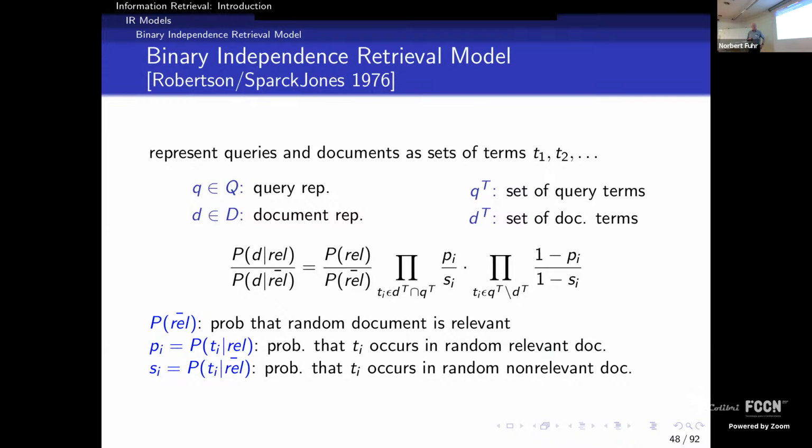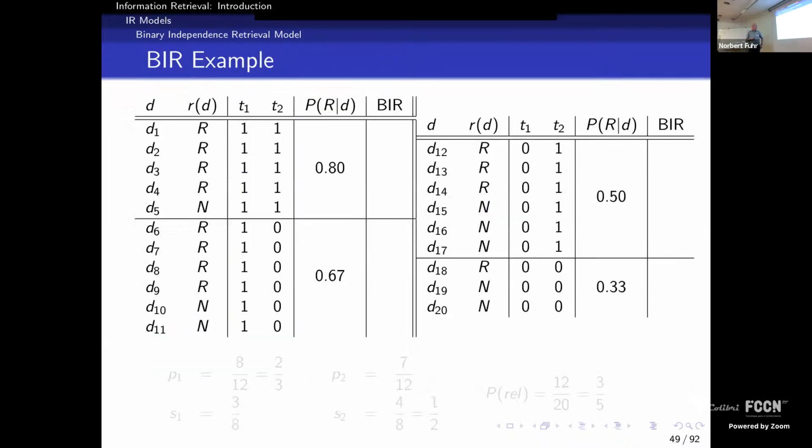And so to look at an example of this model, assume we have here 20 documents, and for one query, some of them are relevant, so R means the document is relevant, some are non-relevant. And then we have two query terms, T1 and T2.